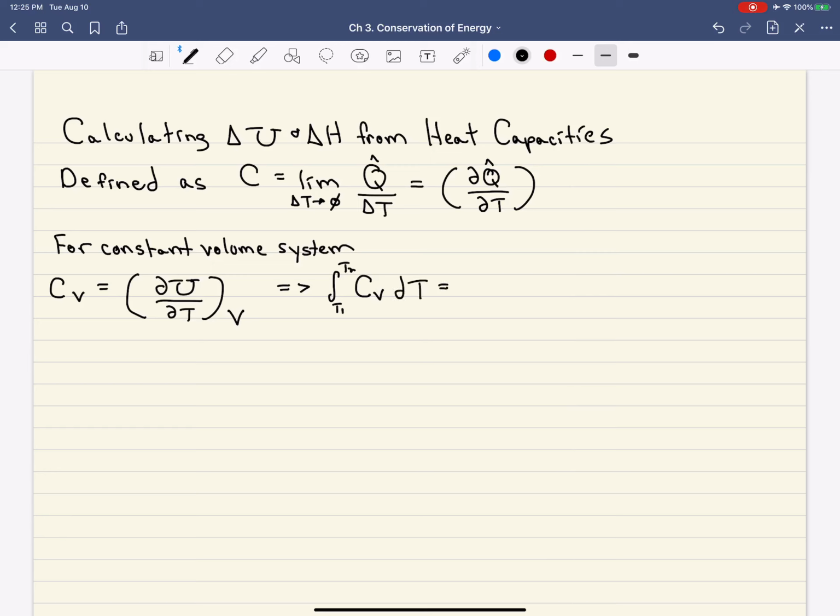what we would end up with is a specific internal energy. Right? And so normally what I do is I signify if we're dealing with a heat capacity on a mass basis with a little hat.